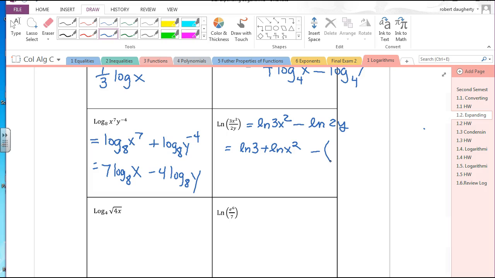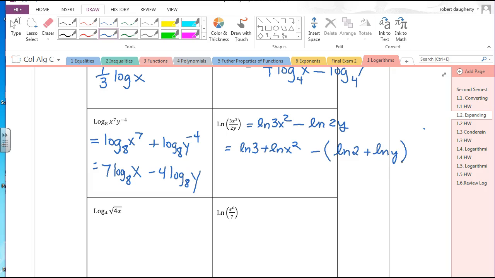How can I simplify natural log of 2y? That's a product. What do I do? It's the natural log of 2, and then what? Plus natural log of y. Now, this is simplified, that's simplified, that's simplified, but this is a what? Quotient, product, or a power?